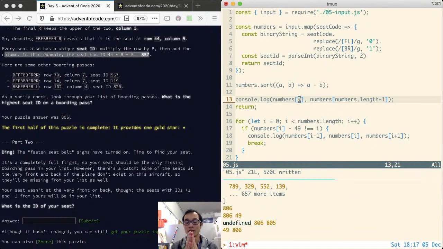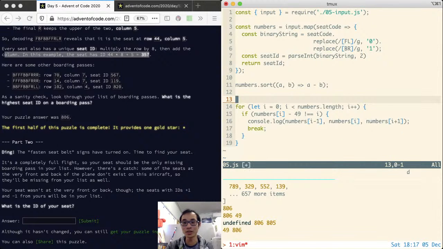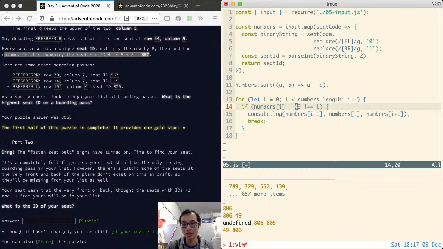I know the number starts at 49. So I'm going to say the first number should be the index, which is 0, plus 49. The second number should be the index at 1 plus 49, and so on. And so I did that. That's what this 49 is.